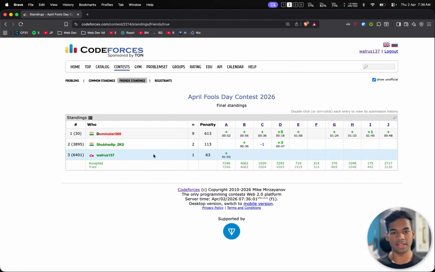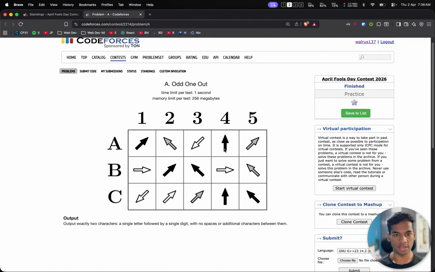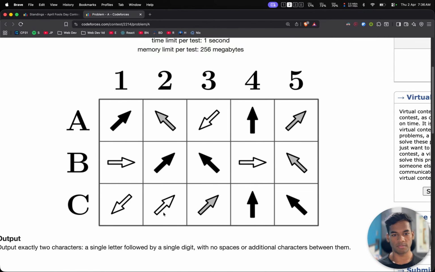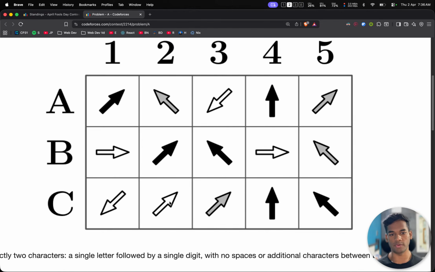And the reason that I got this repeatedly wrong was this was the problem. We had to spot the odd one out. You can pause the video and find out which one it is. And it is C2, because this arrow is the only arrow which appears in one direction.